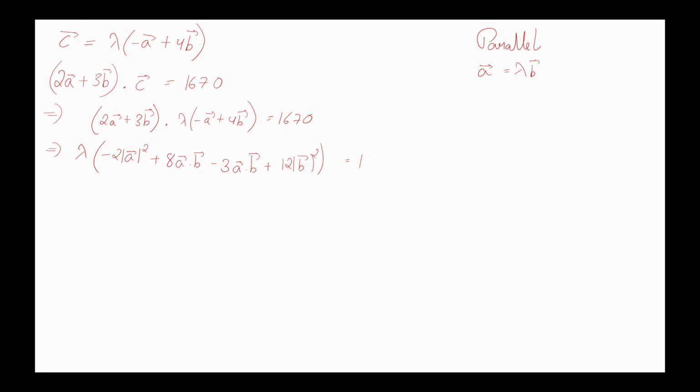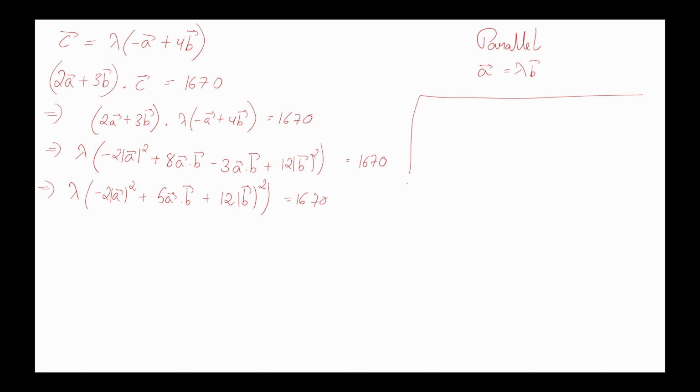This is equal to 1670. Let us try to solve this further. What do we get? We are going to get minus 2 A vector modulus whole square plus 5 times A vector dot B vector plus 12 times B vector modulus whole square. This is equal to 1670.